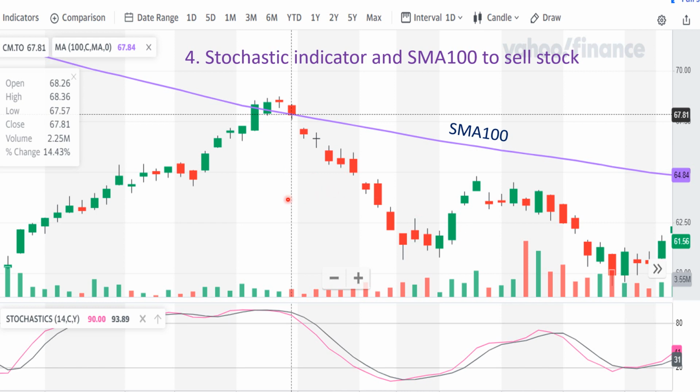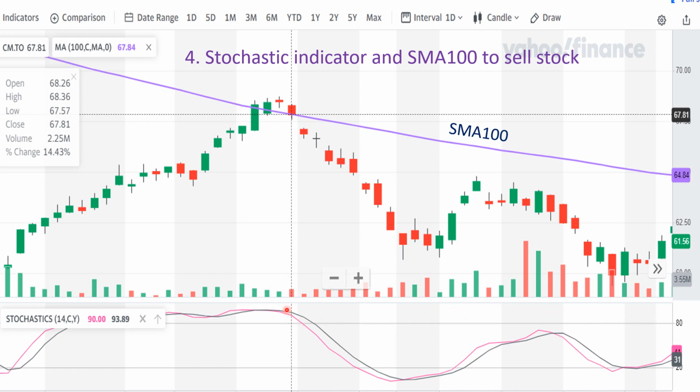Next, wait for the pullback in the direction of the trend and wait for the stochastic indicator to become overbought, which is when it rises above 70, and you see that it is above 70.